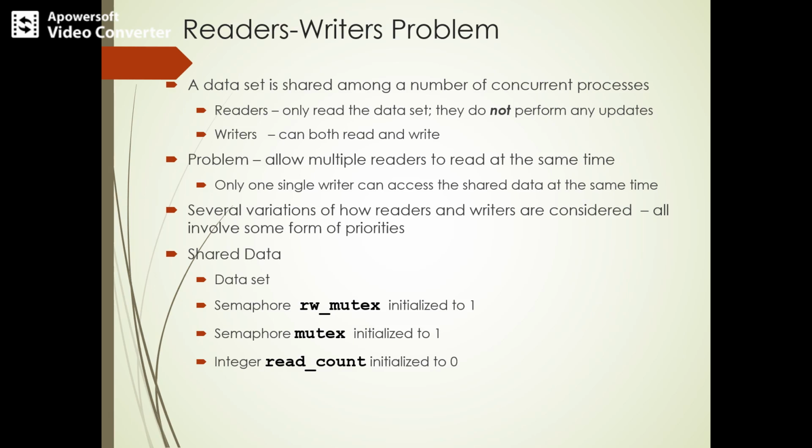So we use a semaphore called RW, that is read write mutex, and mutex, and read count is an integer which is initialized to 0. So two semaphores are used, that is read write mutex and mutex. The mutex is initialized to 1 and the semaphore read write mutex is also initialized to 1.